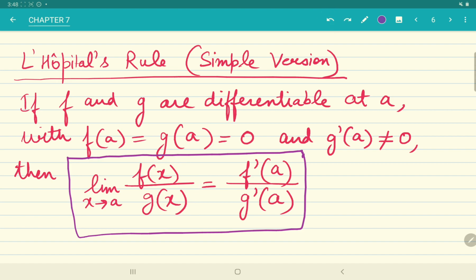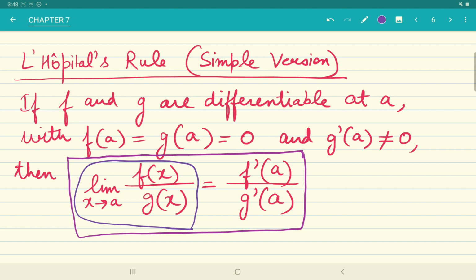But when I calculate f prime a and g prime a, and I think of f prime a divided by g prime a, this is also of the type 0 by 0. So I have an indeterminate form of type 0 by 0 here, and then when I apply L'Hopital's rule and I get this limit to be equal to f prime a by g prime a, that is also of the type 0 by 0.